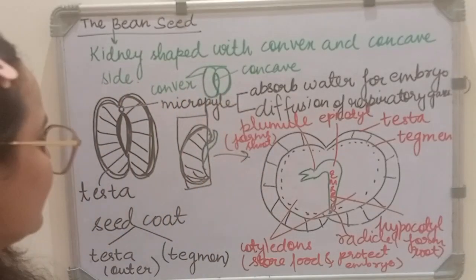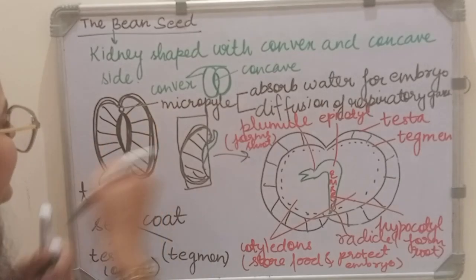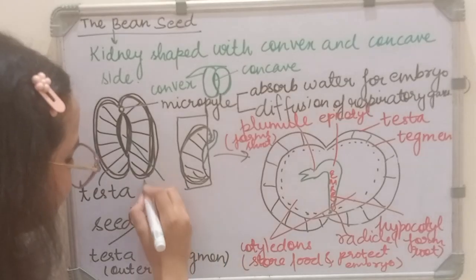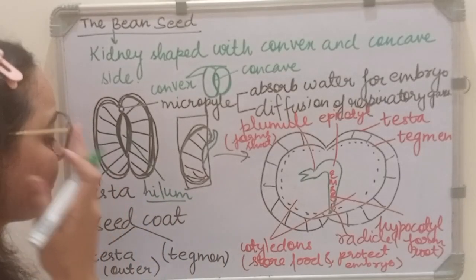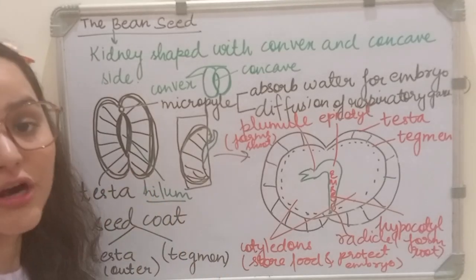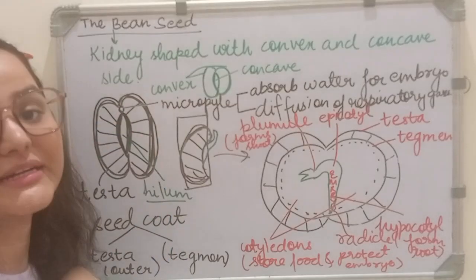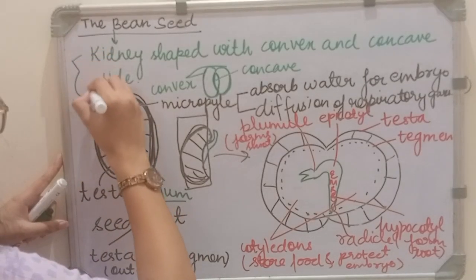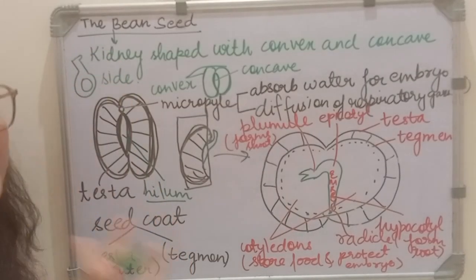Now, here we forgot one labeling, which is this opening. This opening is called hilum. Now, this hilum is a spot which denotes how this seed was attached to the ovary wall. Suppose this was the female reproductive part. Here our ovule was present.